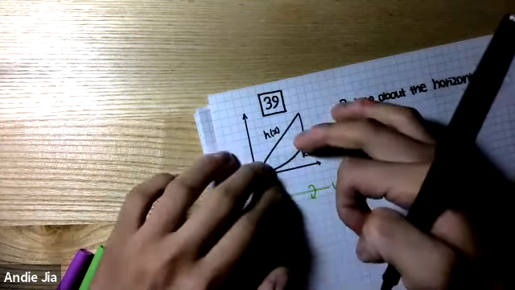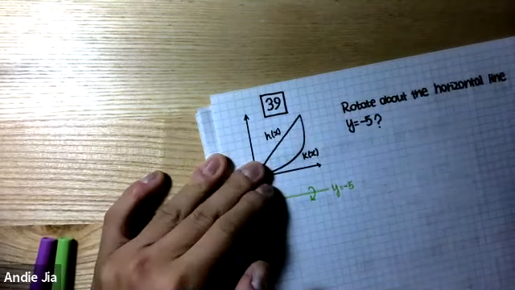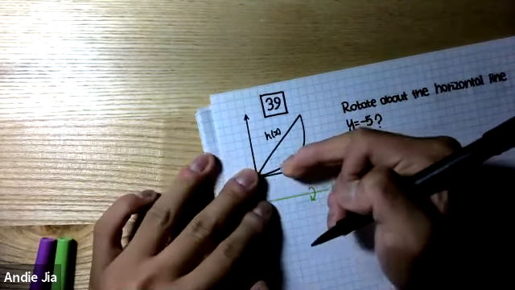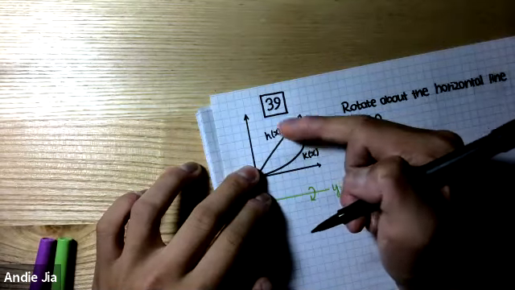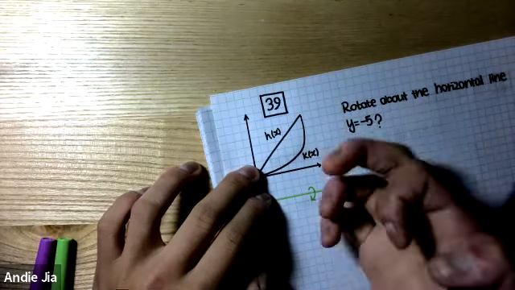So here is a washer. We can see the radius is 5 plus the function.